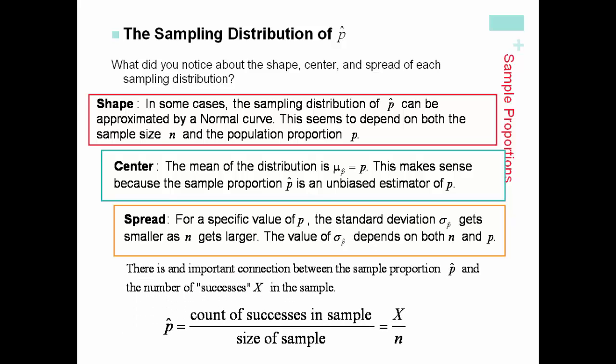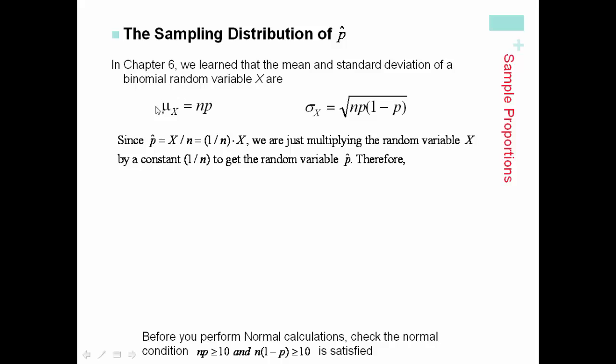There is an important connection between the sample proportion p hat and the number of successes in the sample. P hat equals the count of successes in the sample over the size of the sample, which is equal to x over n. In chapter 6, we learned the mean and standard deviation of a binomial random variable x. Our mu of x equals n times p.